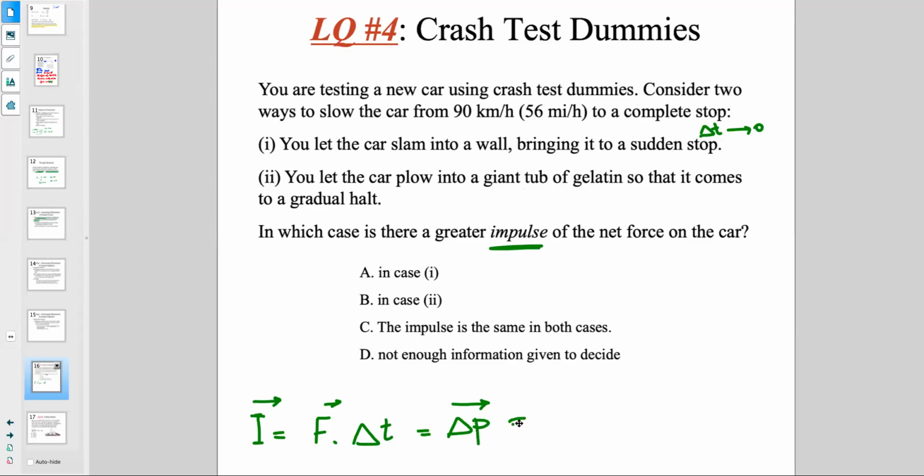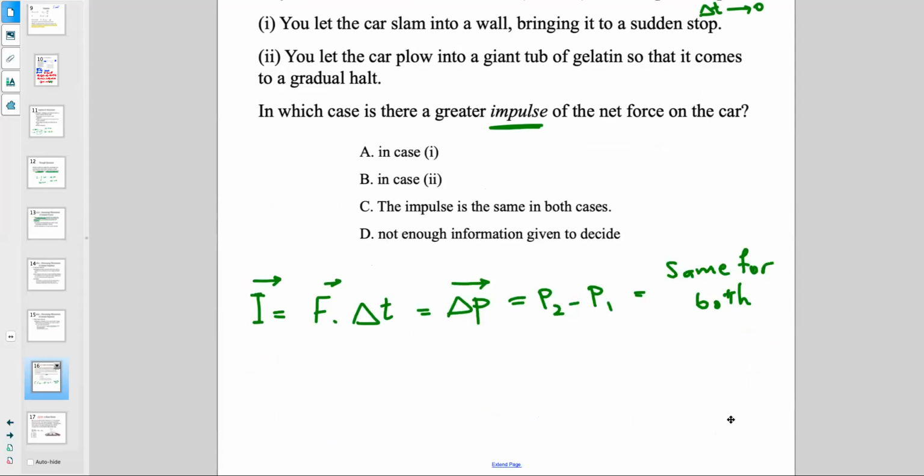The delta p, which is p2 minus p1, would be the same for both cases, because p2 is zero, it will stop, right? And p1 has a value to it, whatever it is.